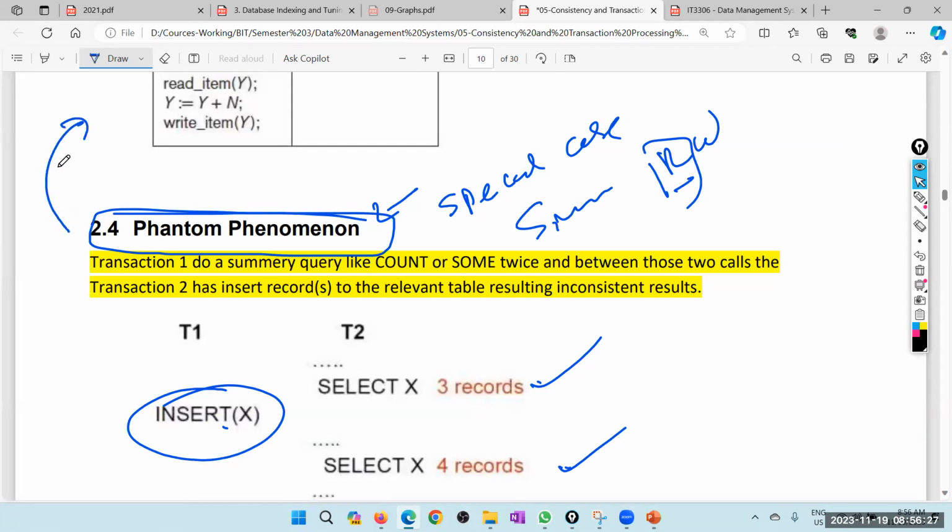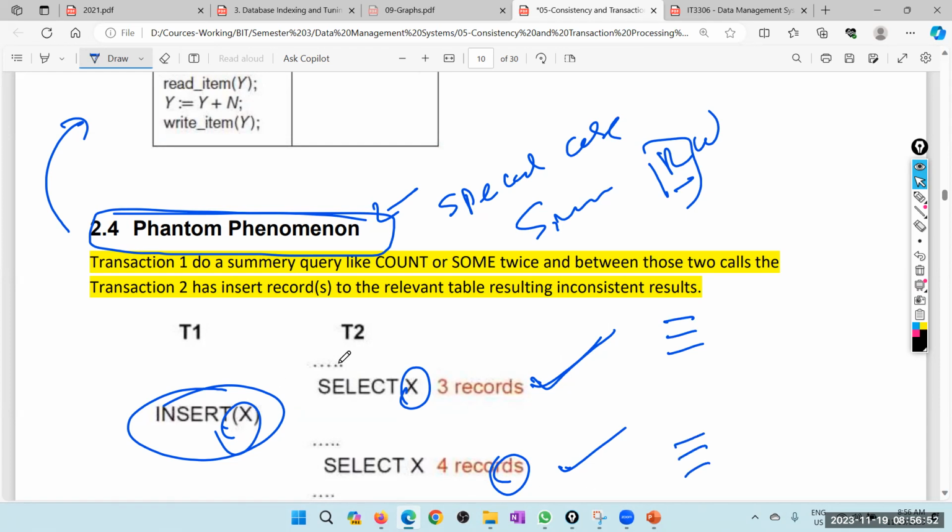But the difference is, earlier you read a value, the other transaction changed that value, and when you read the same value again, you get a different value. But here what you do is, you read a set of records. Then you again read a set of records.